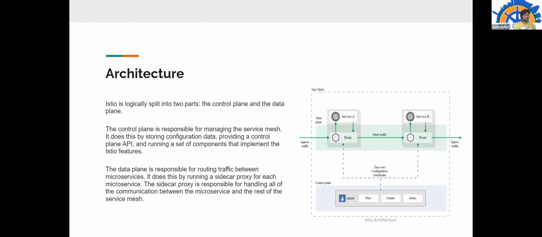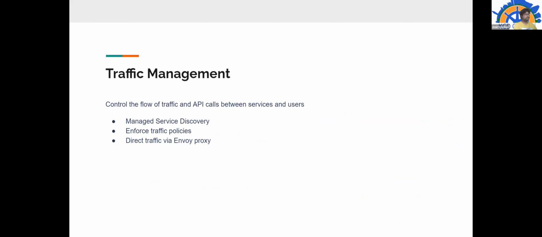Okay, then I'm going to move further. Now I'm going to take the session to the three basic features which Istio supports: one is traffic management, then security, and then observability.